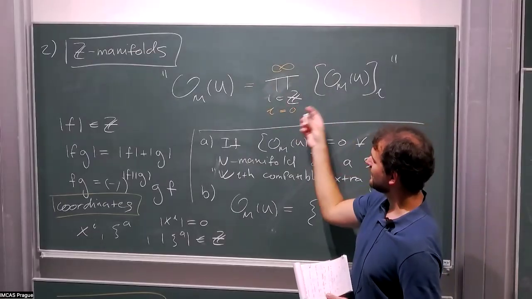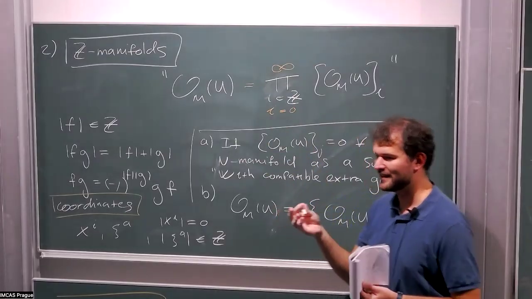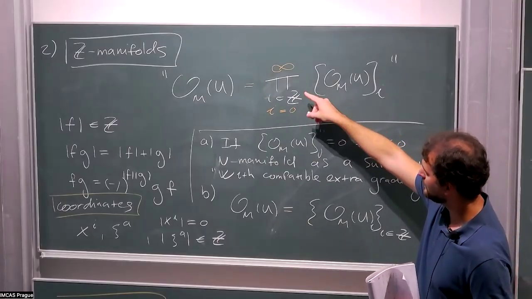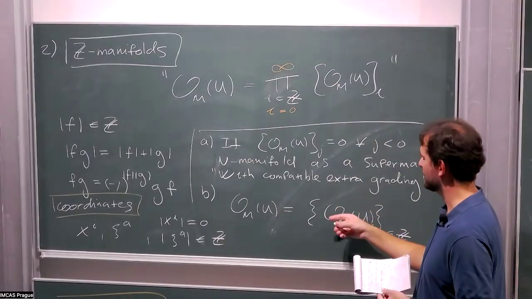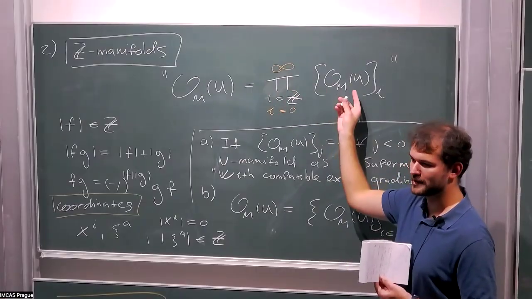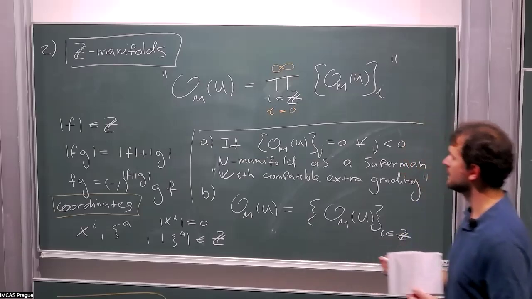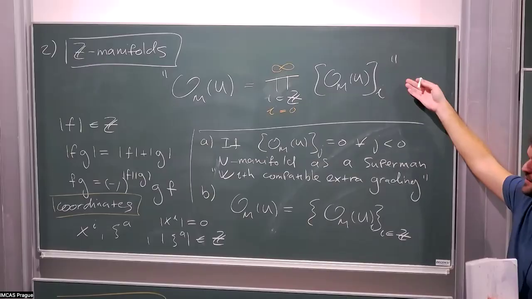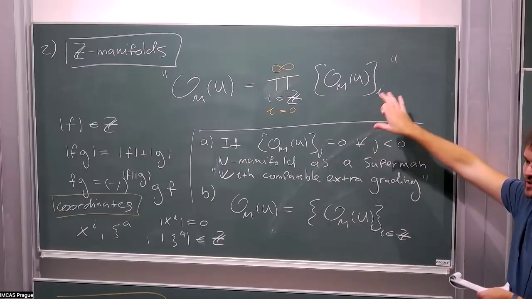When you take duals of this, it explodes. If you take the dual of a direct sum, it's just the direct product of the duals. But if you take the dual of a direct product, it's not the direct sum of duals anymore. So yes, you would get a sheaf, but I don't know if you would get the sheaf that you want to work with. You would get a different sheaf than these.